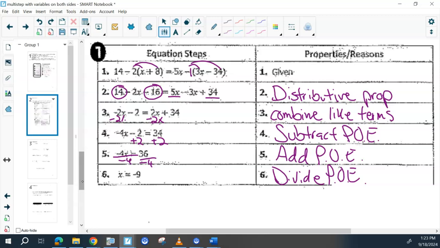This one. It was if I did the combined like terms after the subtraction, and I did the subtraction. So in this one, because of the order in which this is going, it distributed first, and then it combined like terms second. Then it subtracted.